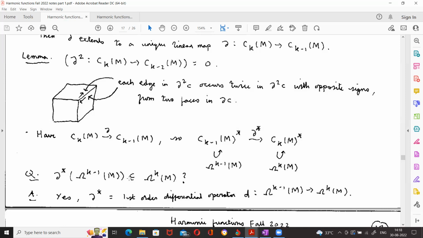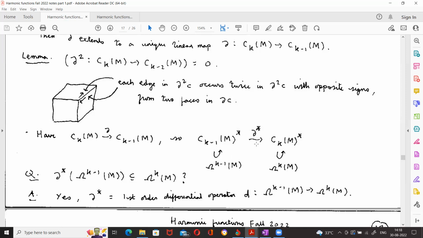I'm identifying these as subspaces of the spaces of K minus 1 cochains and K cochains. So the question is, does this dual send this subspace to this subspace? The question makes sense? Yes? Okay. And it turns out the answer is yes.